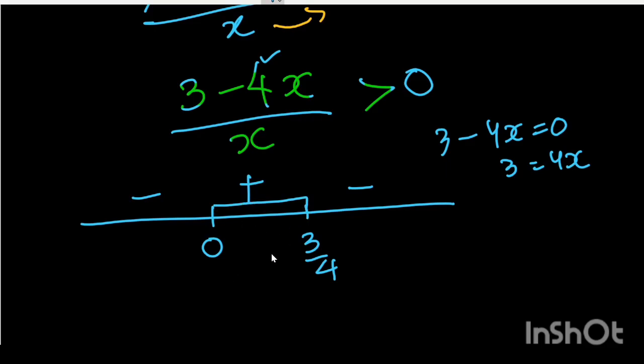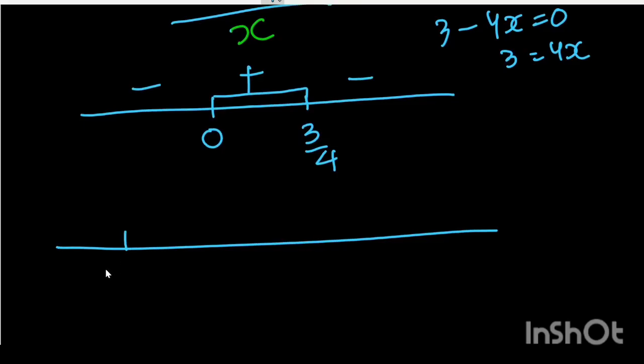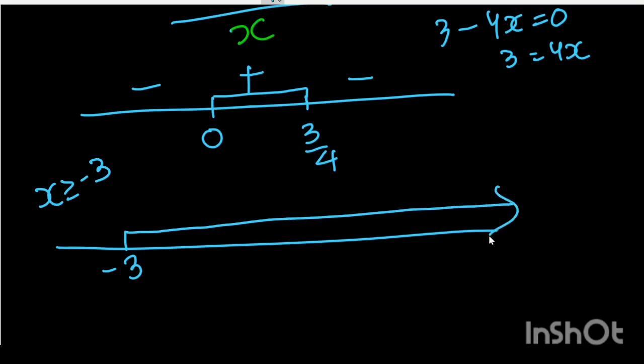Now 0 to 3 by 4 and x greater than or equal to minus 3 is what we supposed in the beginning.